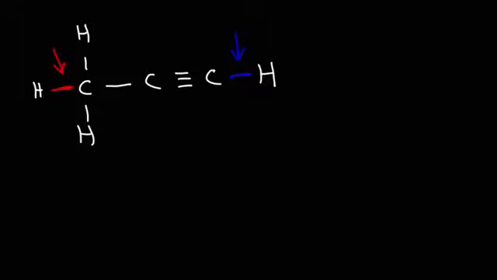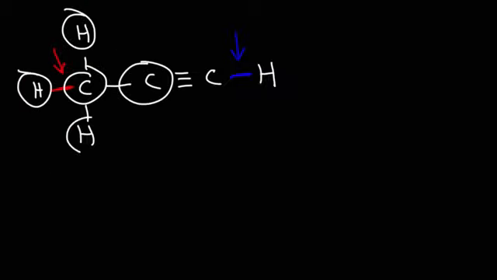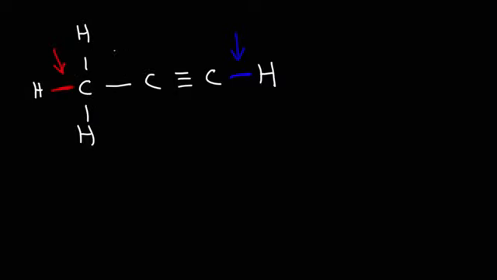What you need to do is determine the hybridization of the atoms that are connected to those bonds. So what is the hybridization of this carbon atom? That carbon is attached to 4 other atoms. So it has 4 groups, and so it's going to be sp3 hybridized.